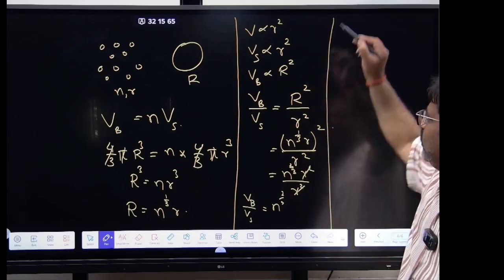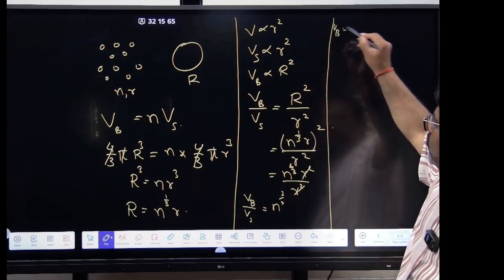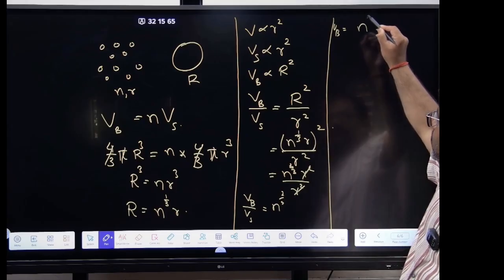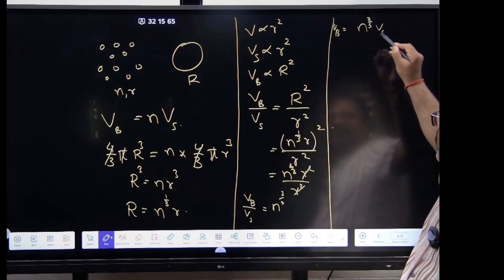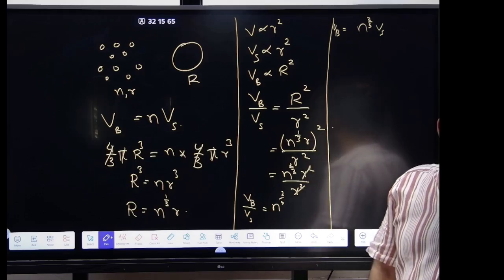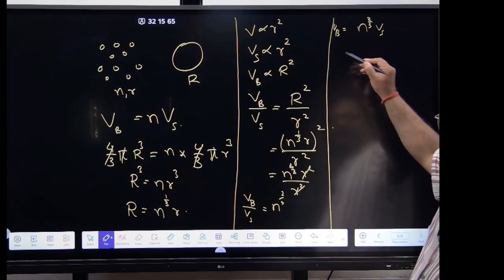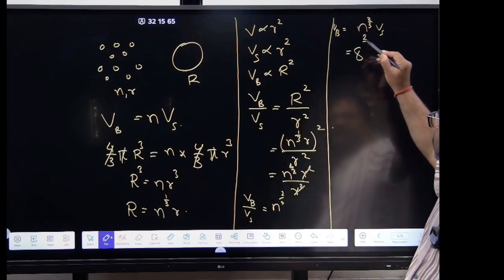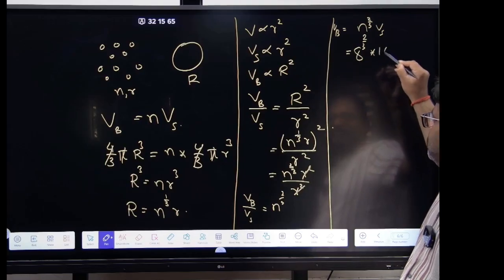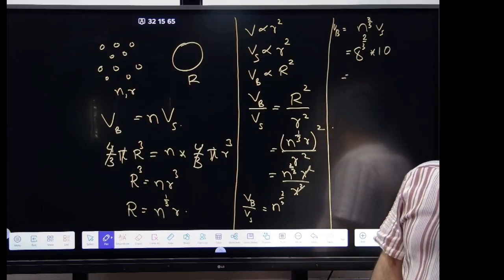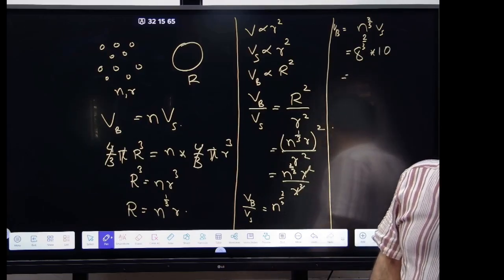So that means the velocity of the bigger drop is equal to n to the power 2 by 3 into the velocity of the smaller drop. The number is given as 8, correct? So this is equal to 8 to the power 2 by 3 into the velocity of the smaller drop, which is given as 10 meter per second, correct?